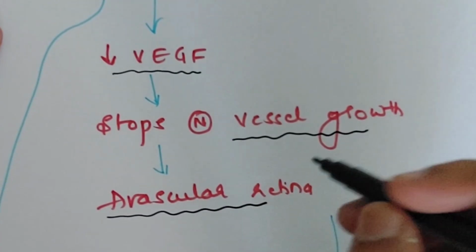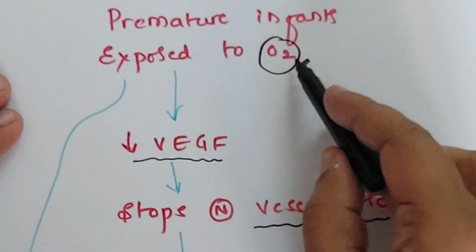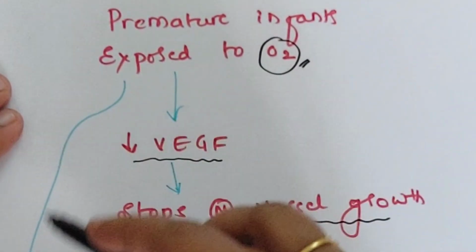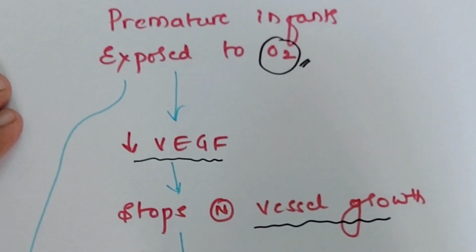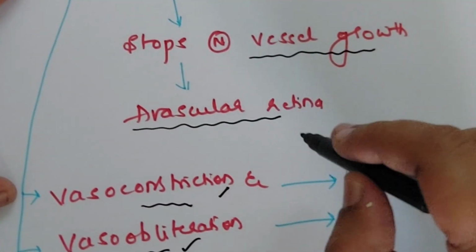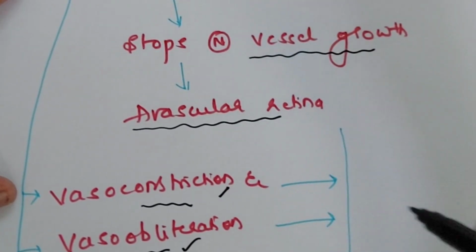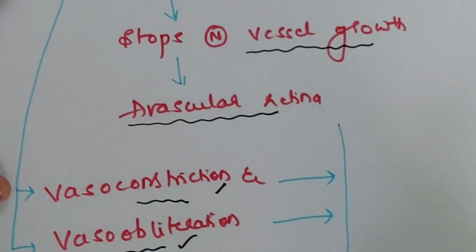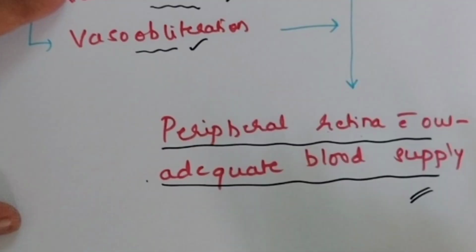That is one mechanism. The second mechanism is, because of this exposure to oxygen, oxygen can directly lead to vasoconstriction as well as vasoobliteration, on top of the lack of VEGF. So the peripheral retina is without vessels now, without having adequate blood supply. Understood? Let me repeat the pathophysiology once again.